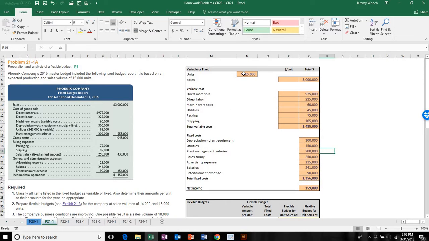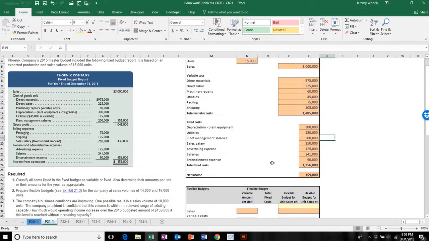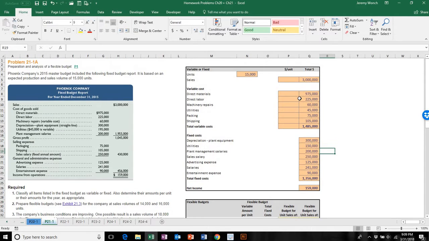So next, we want to figure out the total dollars per unit cost. We don't need to figure out the dollars per unit cost for the fixed cost, because it doesn't matter, because it's fixed. Whether we sell 1 or 1,000,000, it's the same cost. But variable cost is going to change for each one we sell. So our variable revenue for sales is going to be our 3 million divided by our 15,000.